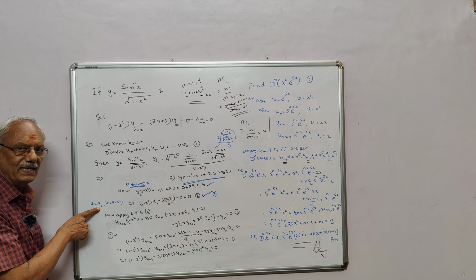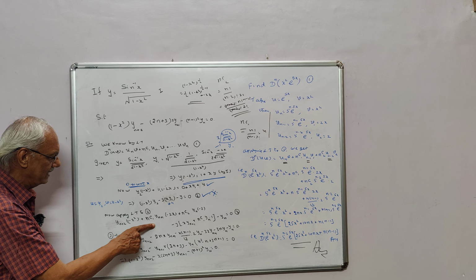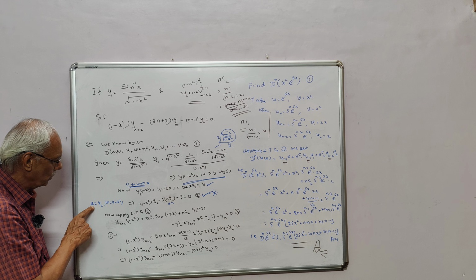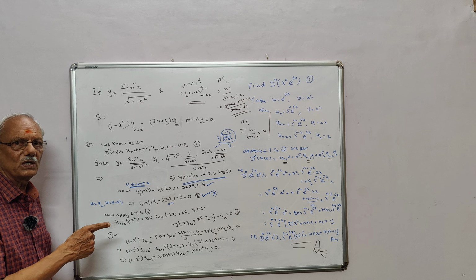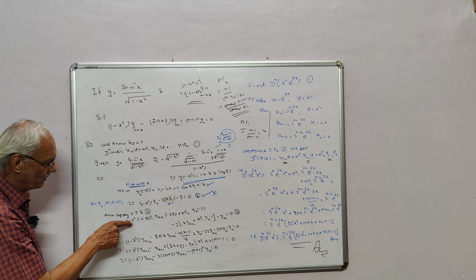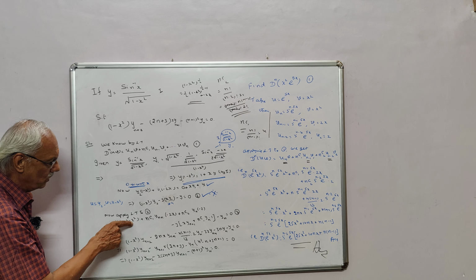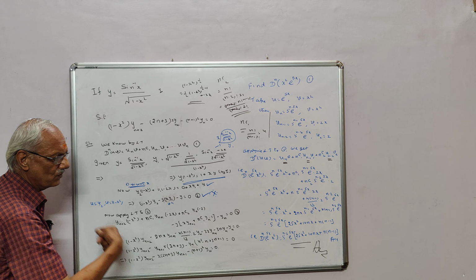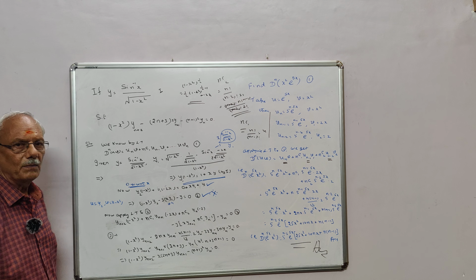Then keep this as it is because as per Leibniz theorem this is v, plus nc1. Then you want un minus 1. Un minus 1 means 1 less than this, that is yn plus 1, into the differentiation of 1 minus x squared, which is minus 2x. And the rest of the things follow. So this pattern will completely follow.